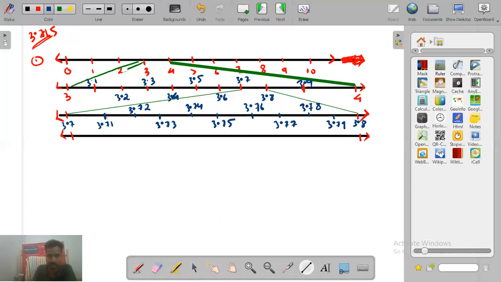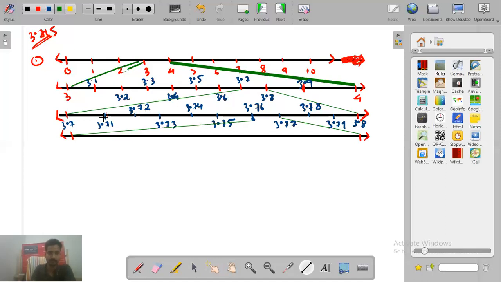Let me change the color. So it will be 3.76 and it will be 3.77. Okay. The gap should be more. In your copy, the gap between your number line should be more so that it looks clean. Okay.